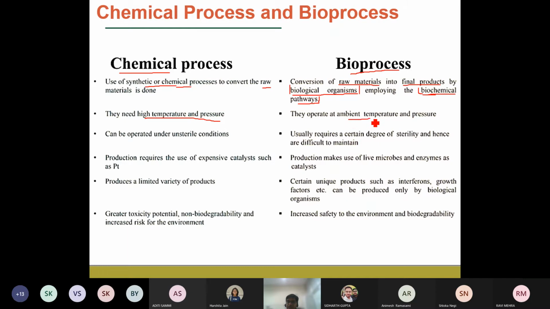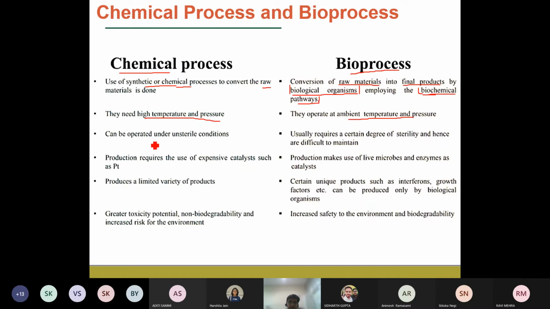So generally they operate at ambient temperature and pressure. If a bioprocess is occurring at ambient temperature and pressure, the overall cost is reduced, because maintaining high temperature and high pressure requires a very complex design of the reactors, and it increases the overall cost of production.